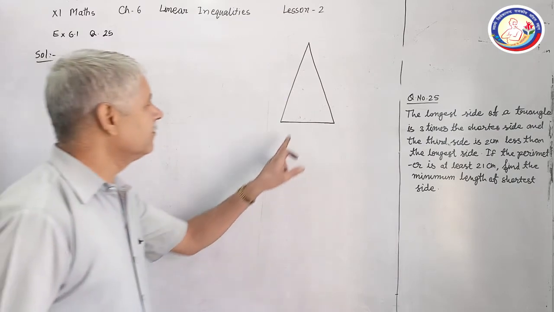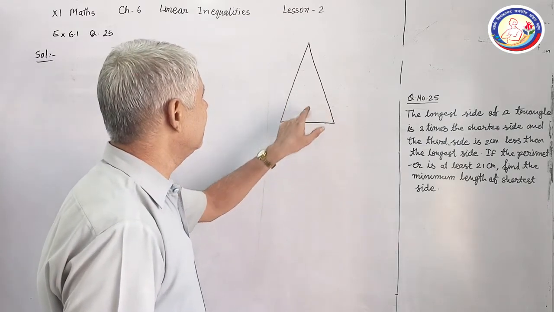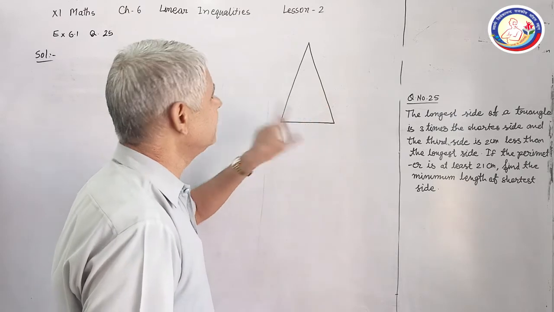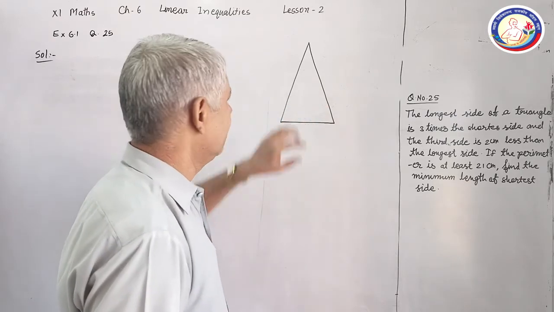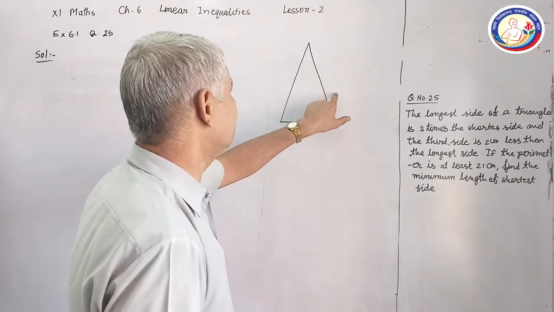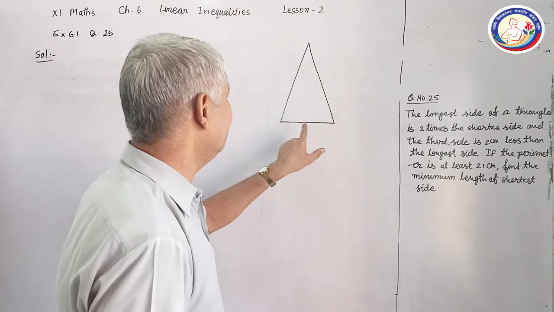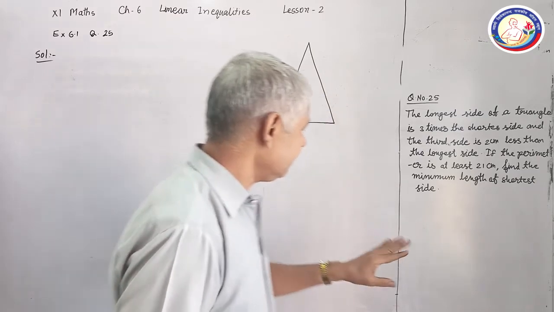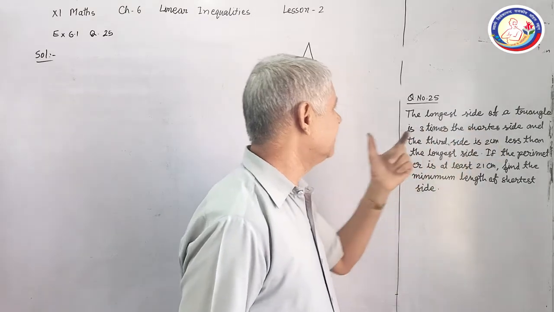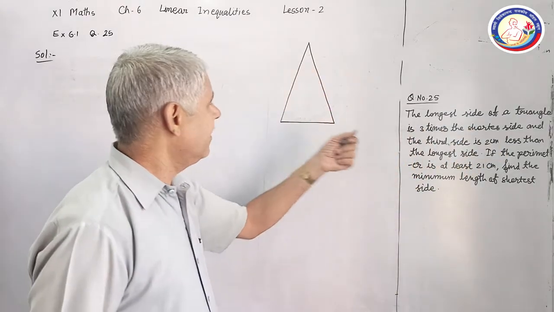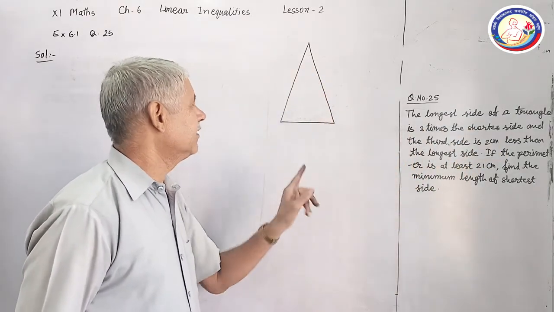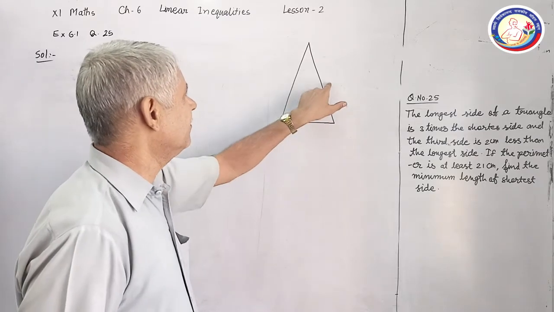We have to assume one side out of these three. We can't find all three simultaneously. We will let one side's edge be x.